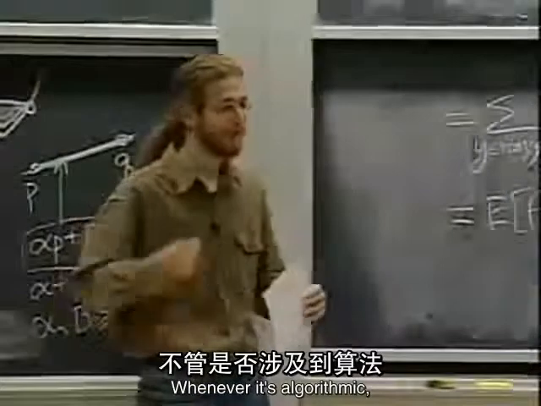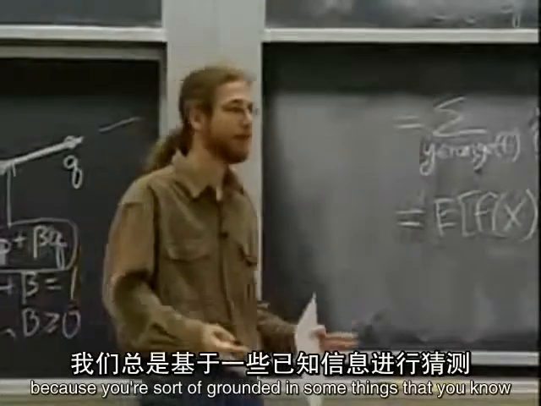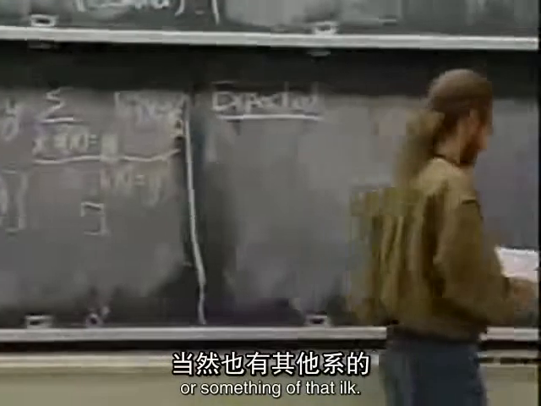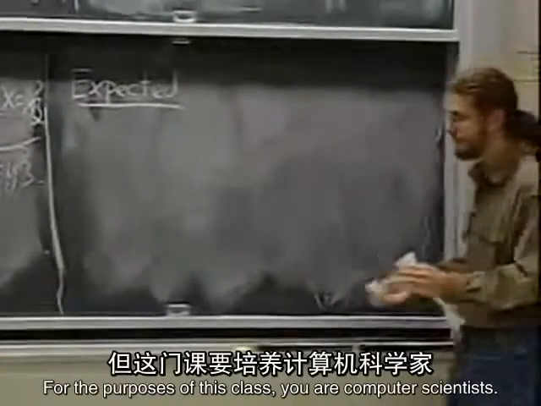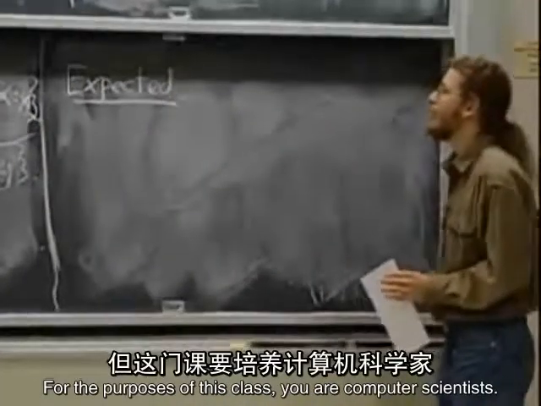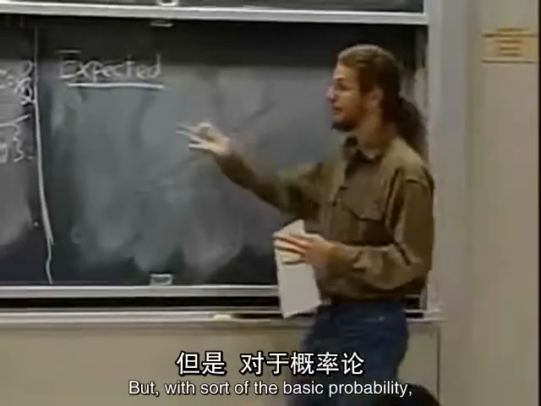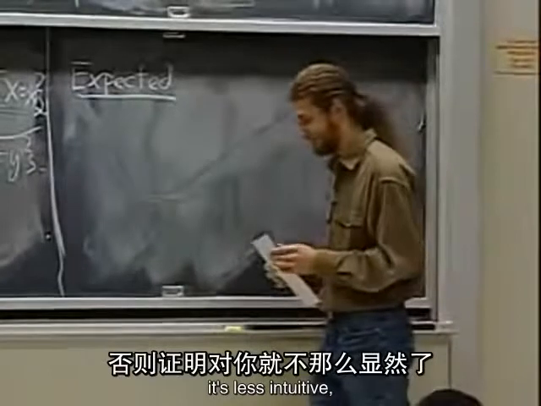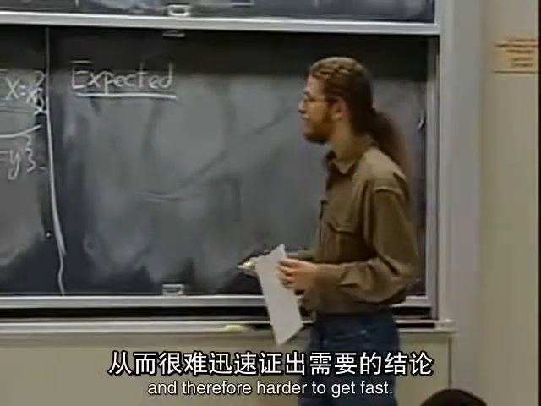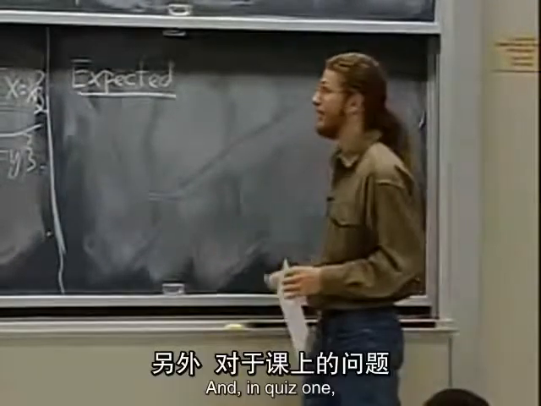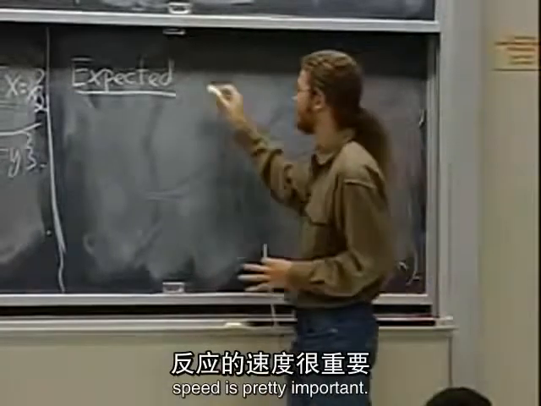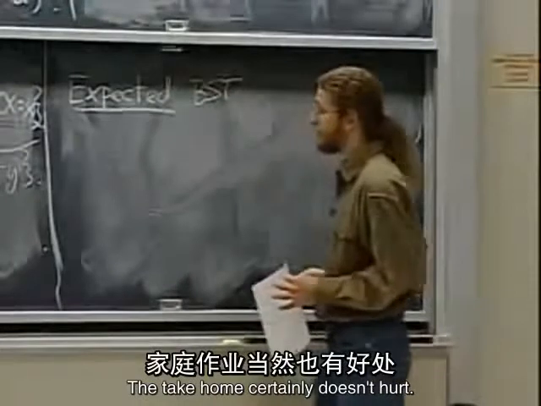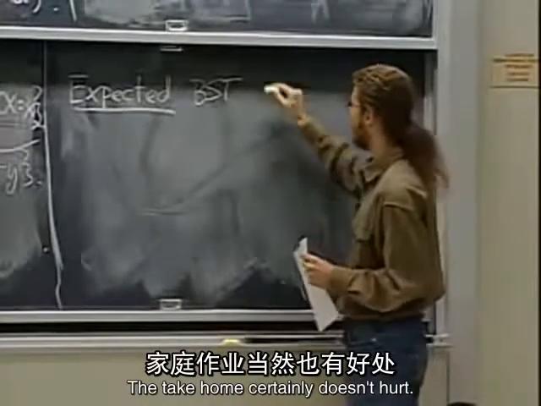Whenever it's algorithmic, it makes a lot of sense because you're grounded in something you know, as computer scientists. But basic probability, unless you happen to be a mathematician, is less intuitive and therefore harder to get fast. And in quiz 1, speed is pretty important. On the final, speed will also be important. The take-home certainly doesn't hurt.